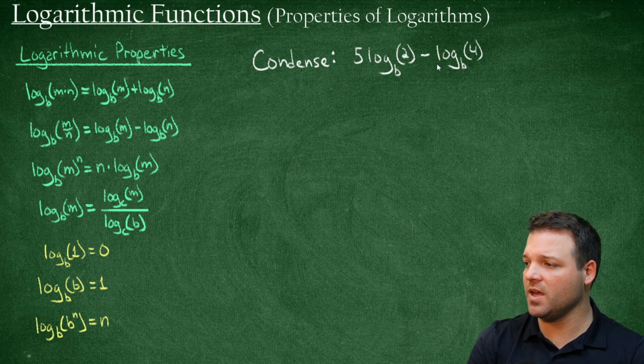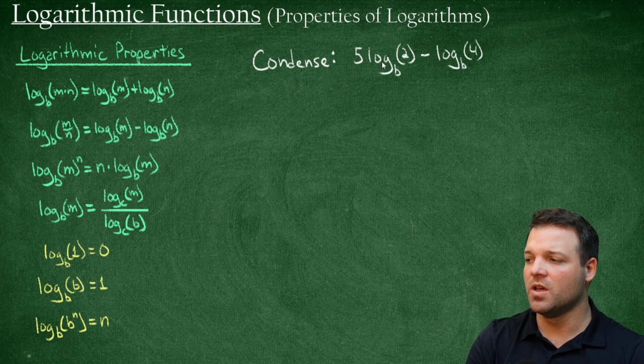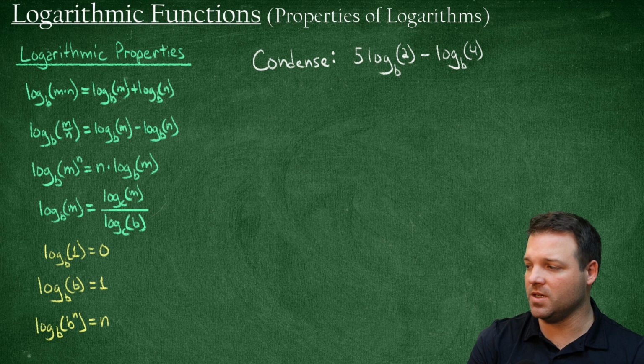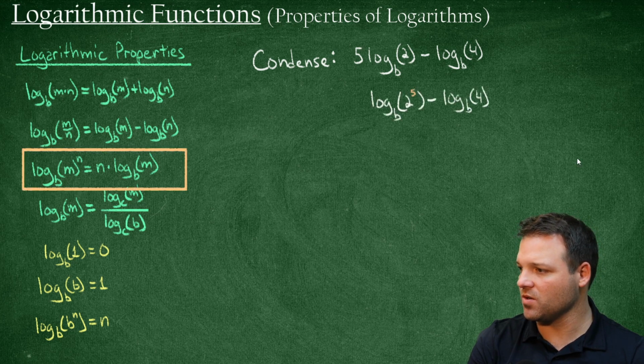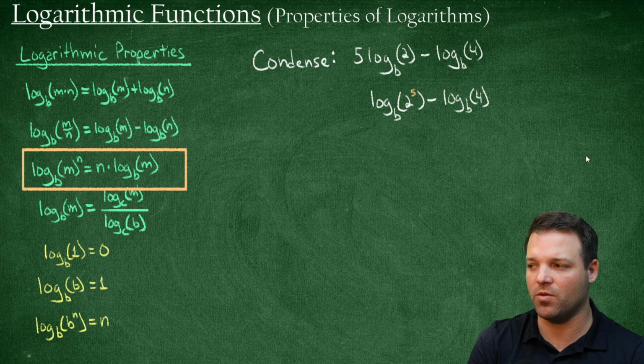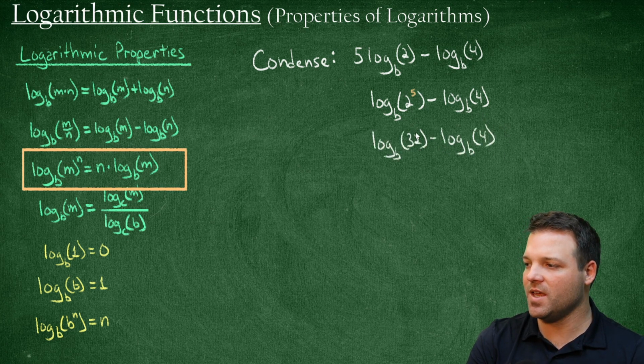But before I combine these two, I am going to take care of these constants out front and move them in as exponents. So the 5 goes up inside to 2 to the 5th power. And 2 to the 5th power is 2 times itself 5 times, so let's evaluate that. That becomes 32.